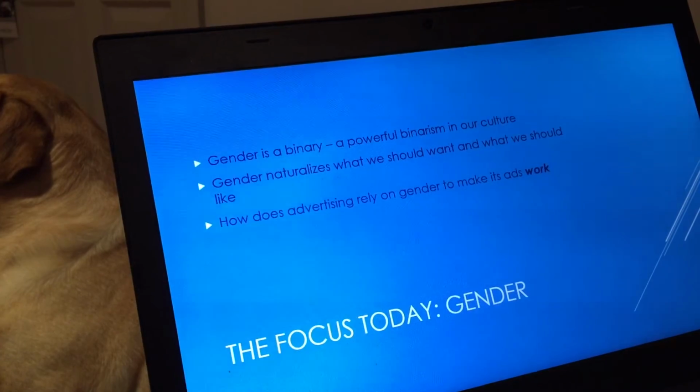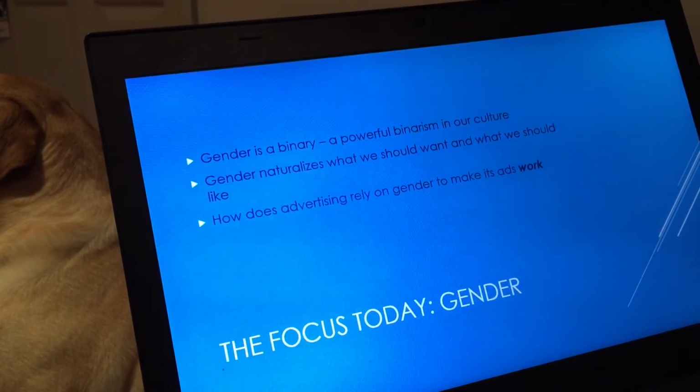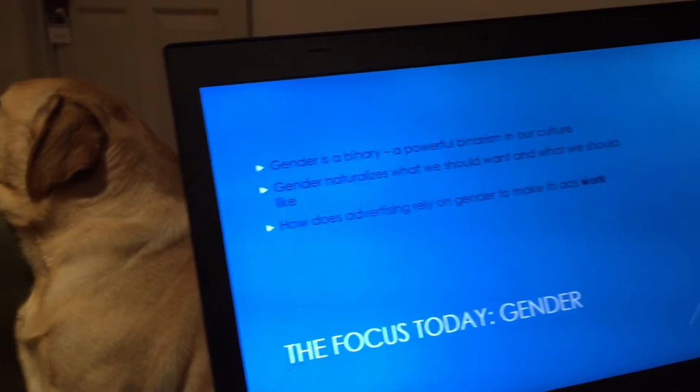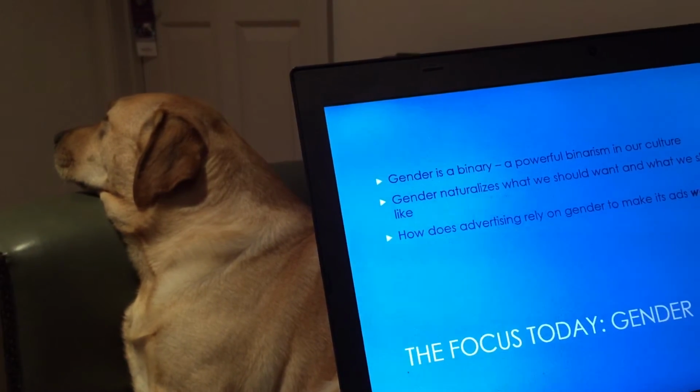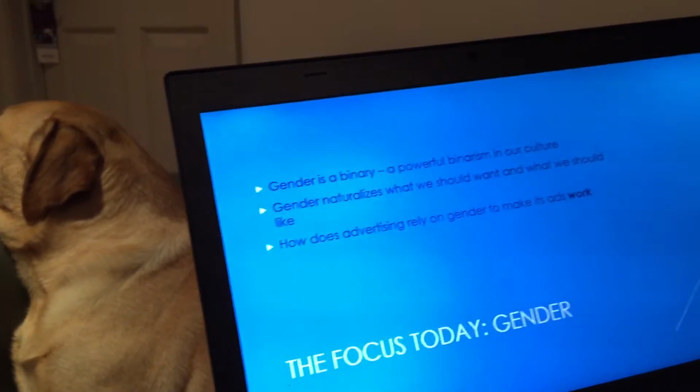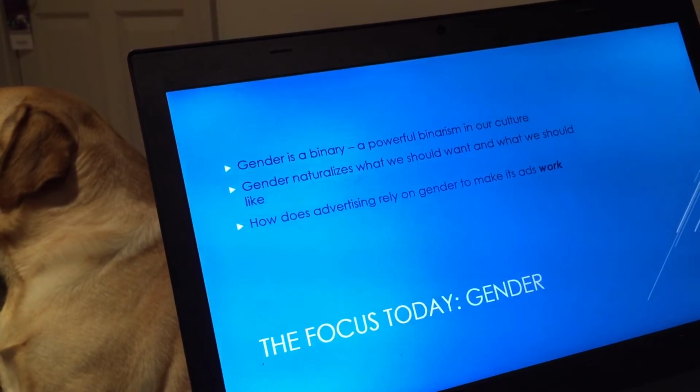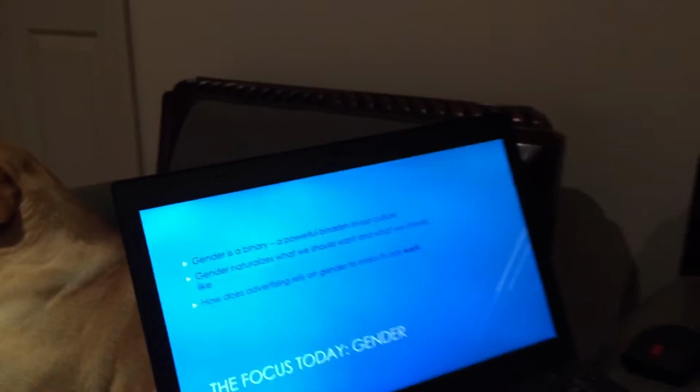In terms of advertising, particularly historical advertising, before we get to the contemporary, which is coming up soon, it identifies what we should want and what we should like. In their identification of male and female desires, they get very close to saying, this is what we should be doing. So this week I want you to ask, how does advertising rely on gender to make ads work?